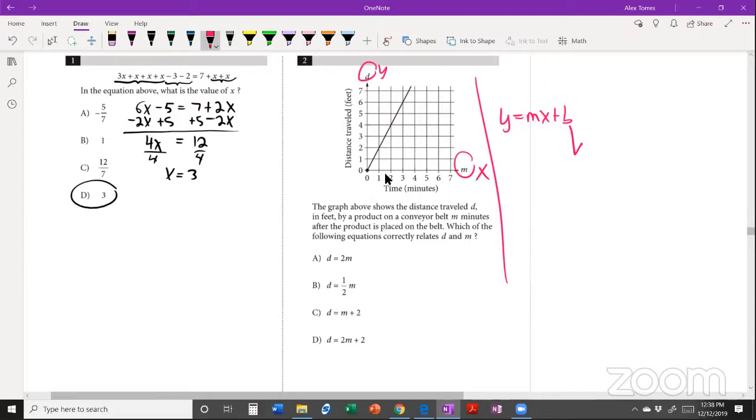The y-intercept here, which is b, is 0. You can see it hits the y-axis at 0. Make sure that's the y-axis. Make sure the origin is 0, 0, because false x and y-axes are a thing on the SAT to look out for. And your slope is your rise over run as you go from left to right.